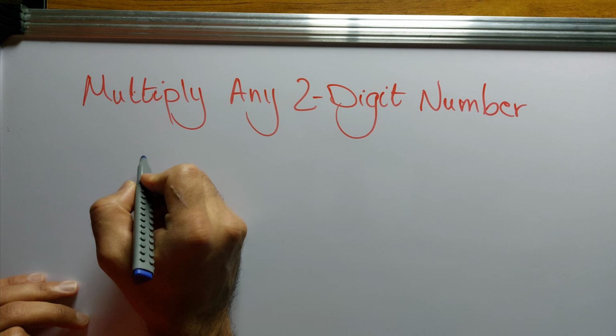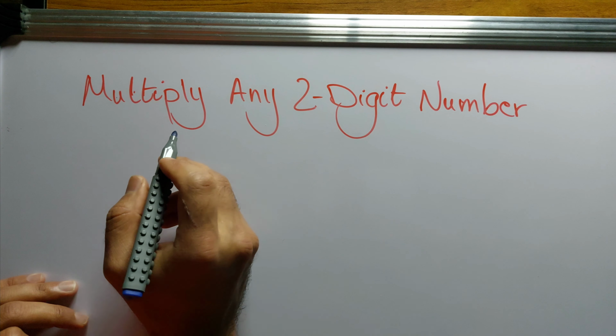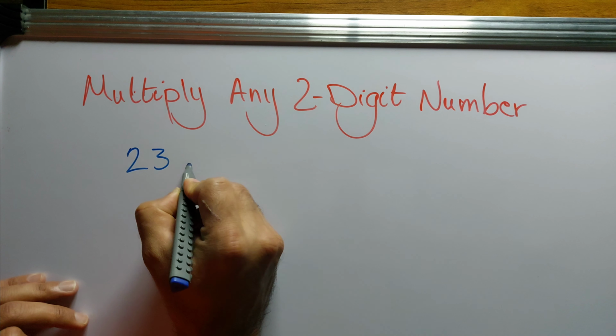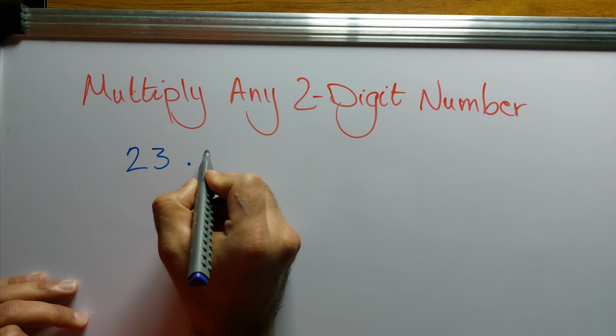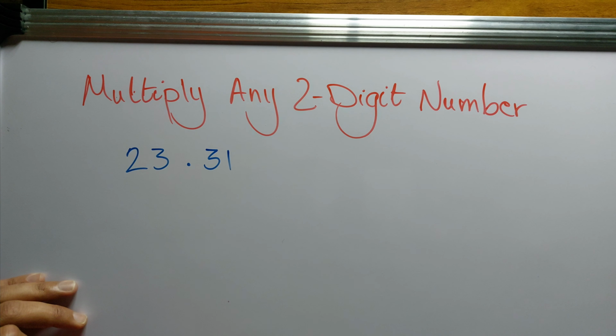Let's start with something small and simple, and then we will expand it to more difficult numbers. Let's say we have 23 times 31. These are simple numbers.